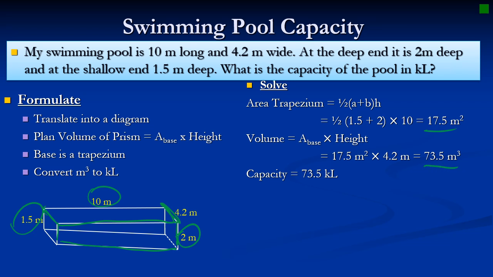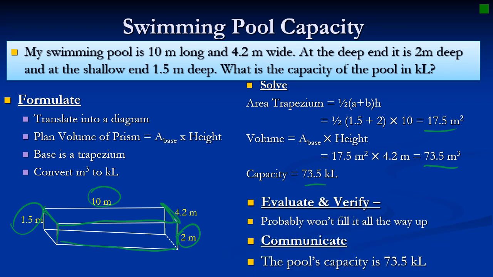Now, 1 cubic meter is the same as saying 1 kiloliter, so the capacity of the pool is 73.5 kiloliters. If I want to think about some real life situations, I probably won't fill it all the way up, of course, because then it might overflow, or the filter or the skimmer box might not work. And finally, we can communicate that the pool's capacity is 73.5 kiloliters.